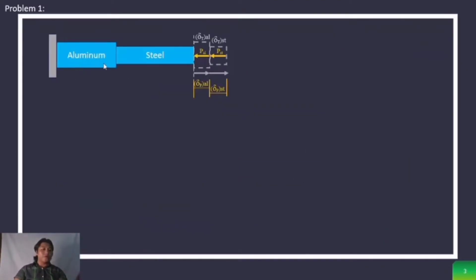So we have our free body diagram or the FBD. So in this free body diagram, we can see our equation, which is the thermal deformation of the aluminum plus the thermal deformation of the steel is equal to the normal deformation of the aluminum plus the normal deformation of the steel.